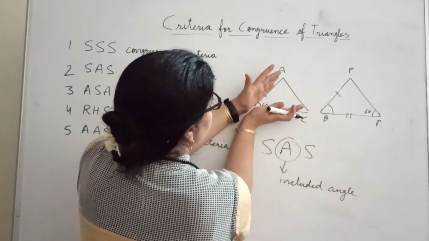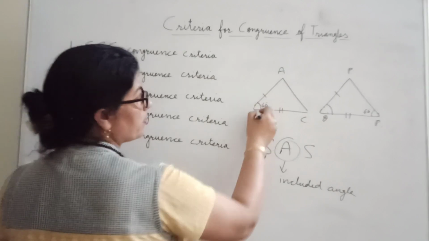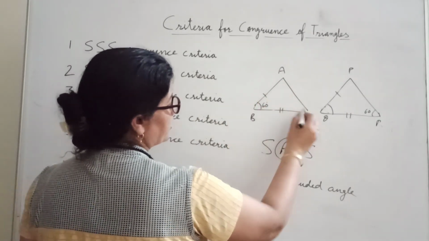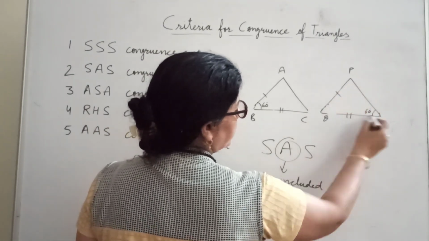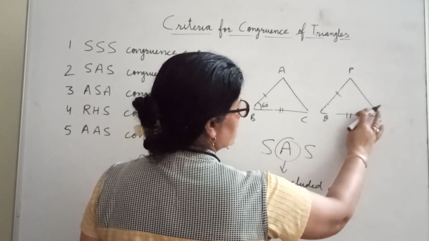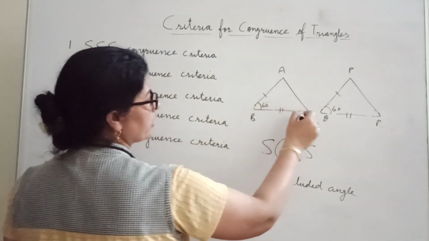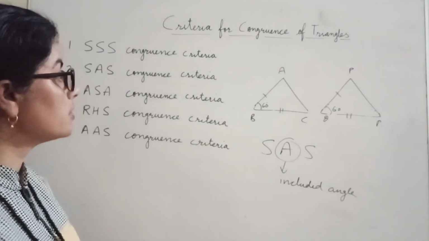If these sides are we are using, then this angle should be given to us. Then this angle will be the included angle. Now here it is side, angle, side, but if this other angle is given, then it is side, side, angle, and it will not be congruent. So if this angle is 60, then we will say that these triangles are congruent by the SAS congruence rule.